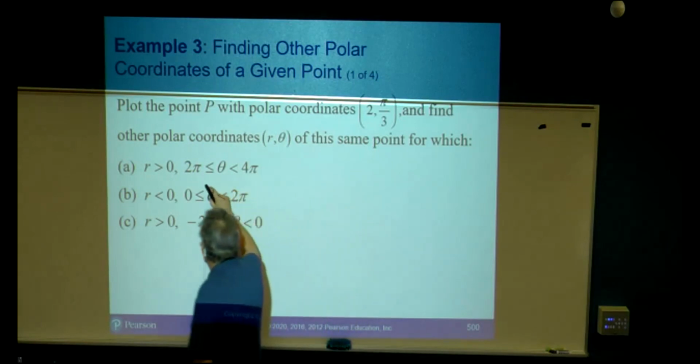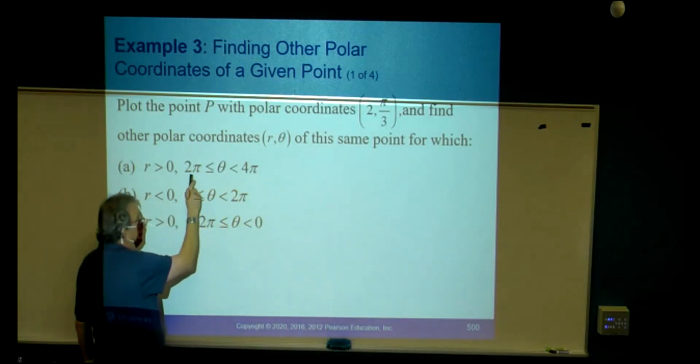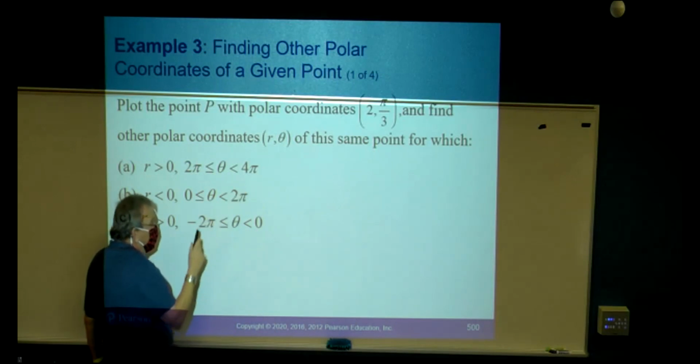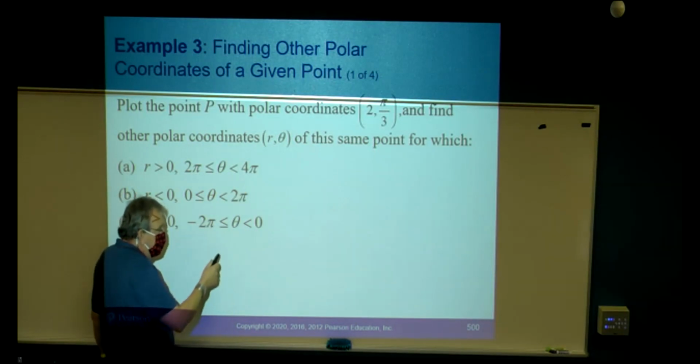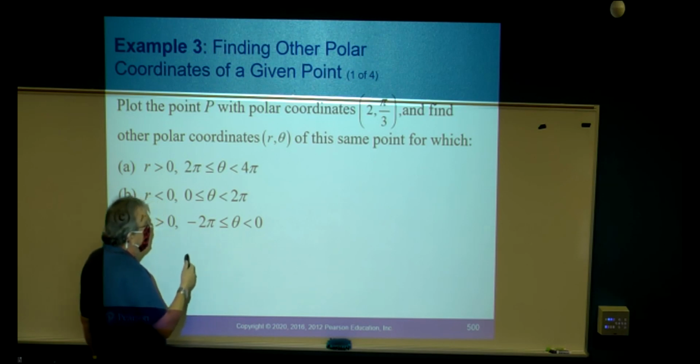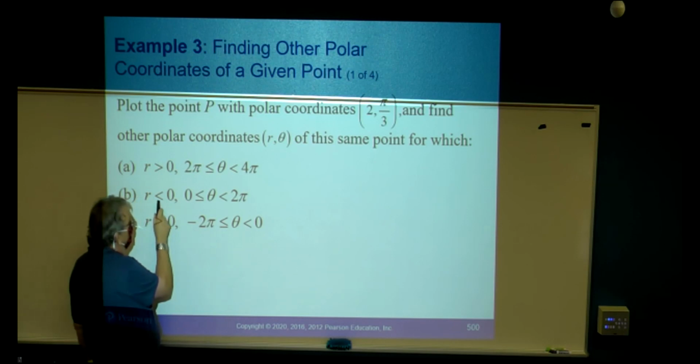And so we talk about we want it to be between 2 pi and 4 pi. So that means we want to make a full circle before we come back to it. And that's when the radius is positive. Now we want the radius to be negative.